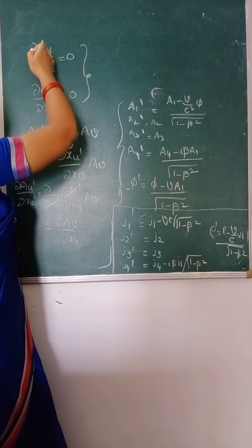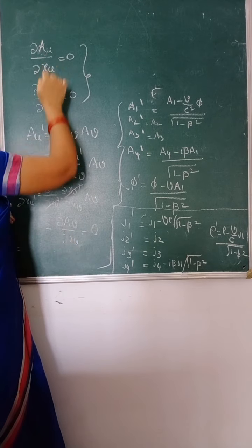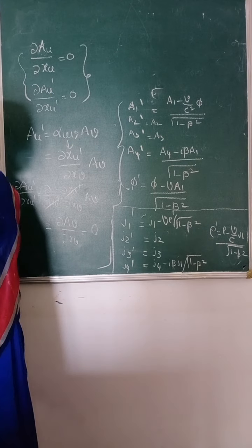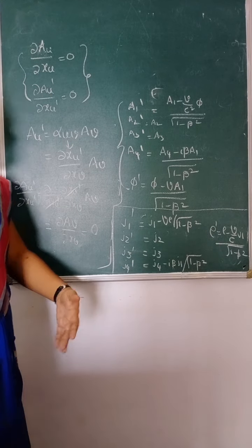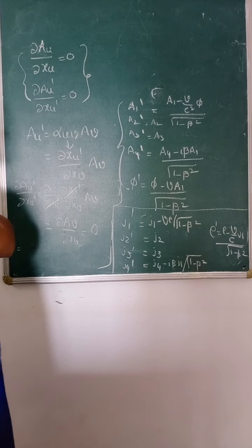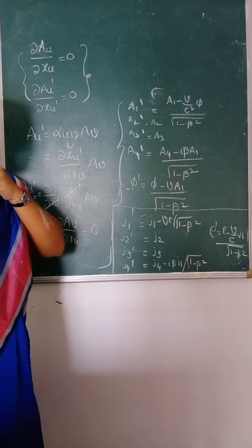Dou AV by dou XV is 0. So these two equations are satisfied, hence the Lorentz condition is also invariant under Lorentz transformation. This is regarding the invariance and covariance of Maxwell's equations by satisfying the Lorentz condition.